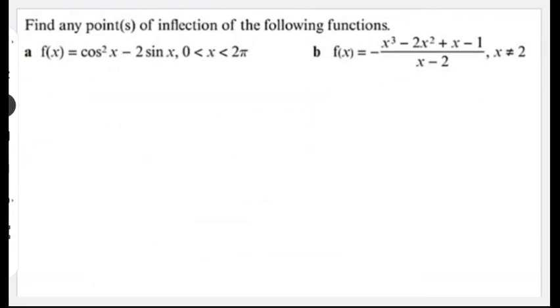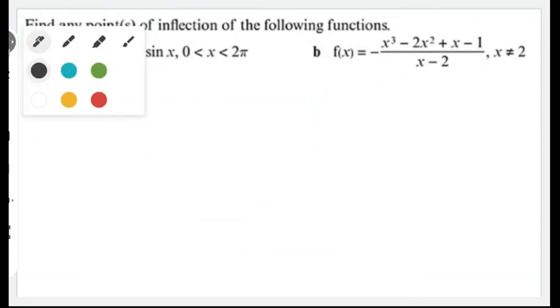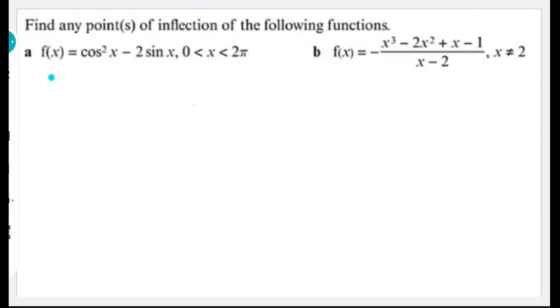So with that in mind, we need to work out the first derivative. So f prime x, this differentiated becomes, this is a chain rule, 2 cos of x to the power of 1 multiplied by the derivative of cos, which is minus sine x, and then that's minus 2 cos x.